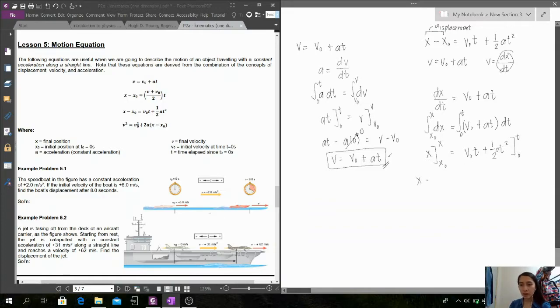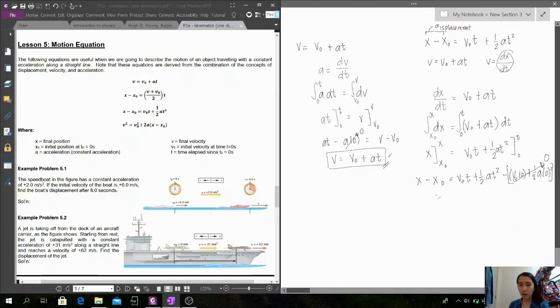So, x minus x sub o is equal to v sub o times t plus 1/2 at squared minus the initial velocity times 0 plus 1/2 a times 0. So, this part here is equal to 0.